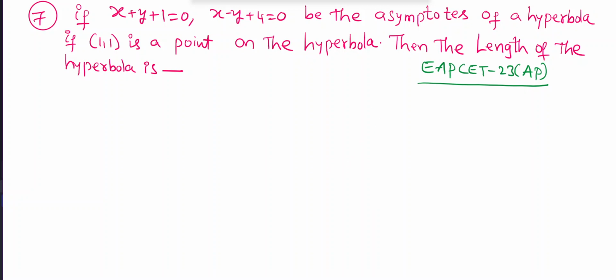This is the next question from Hyperbola. This is an AP EAPCET 23 question. Here it is given x plus y plus 1 is equal to 0, x minus y plus 4 is equal to 0 are the asymptotes of a hyperbola. If 1 comma 1 is a point on the hyperbola, then the length of the latus rectum is dash.